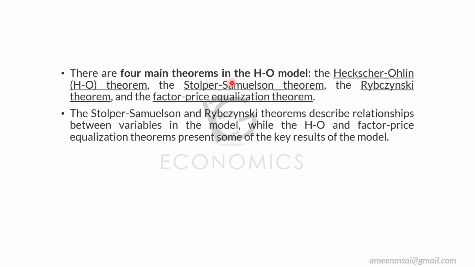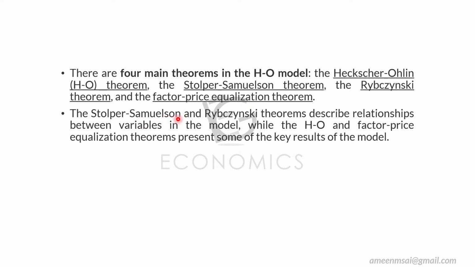There are four main theorems in the HO model. The HO model is an umbrella model, and in it we have four major theorems. The first one is the Heckscher-Ohlin theorem. The second one is the Stolper-Samuelson theorem. The third one is the Rybczynski theorem, and the fourth one is the factor price equalization theorem. So four theorems come under the HO model.